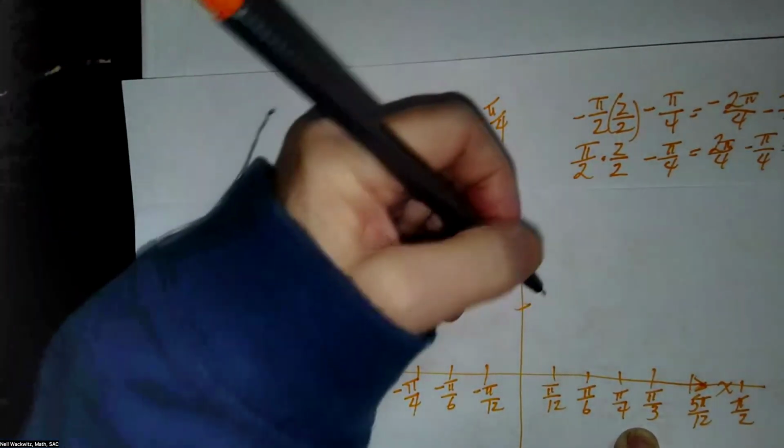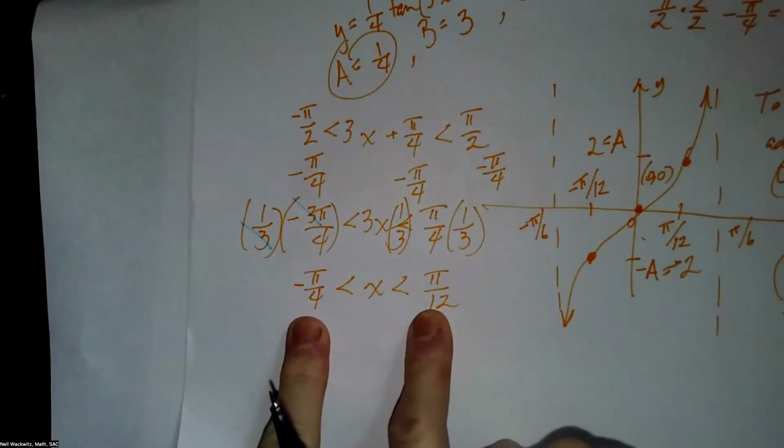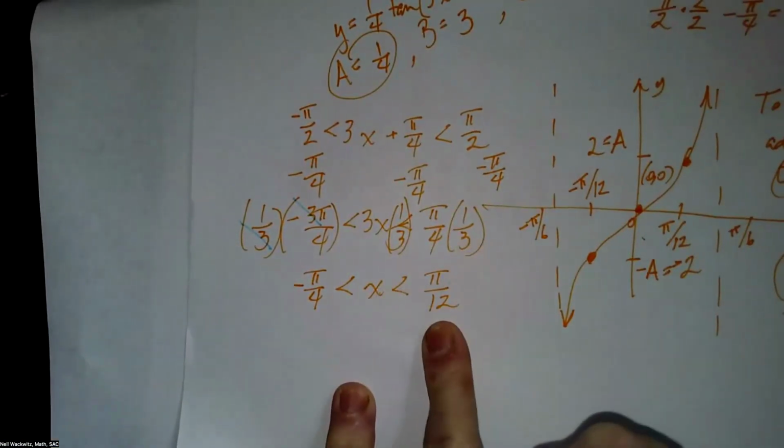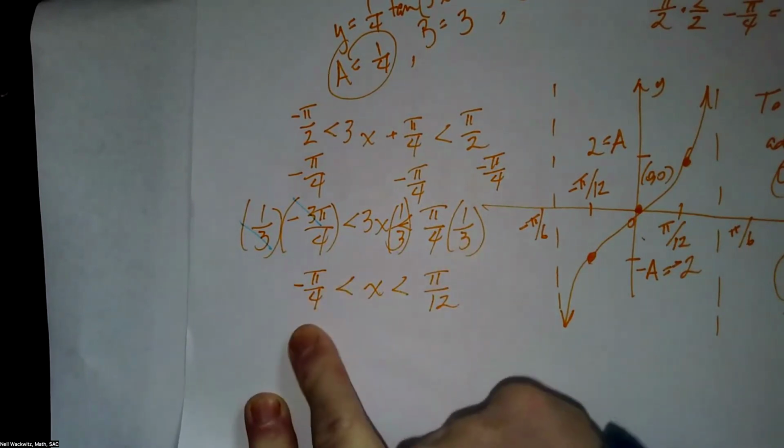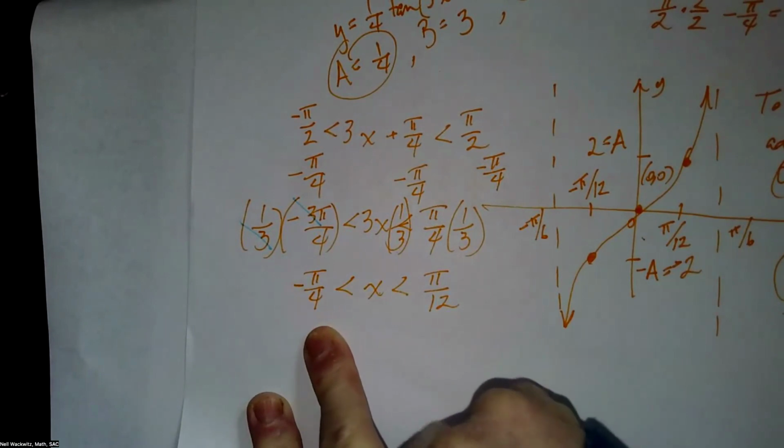How far do you know to go from the x-axis? Okay, so we know that we want to go in the positive direction as far as pi over 12 and in the negative direction as far as negative pi over 4.